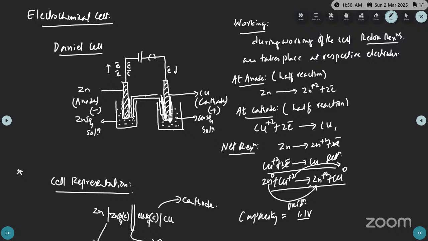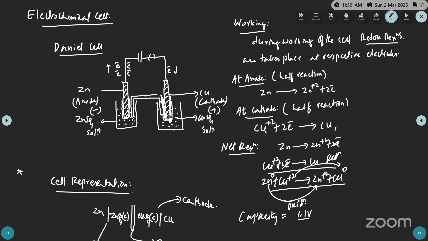So write this final equation: this is oxidation, Zn to Zn plus 2, and here copper plus 2, copper reduction. Draw the arrow, on the arrow write reduction, and here also draw the arrow and write the oxidation reaction. Okay, finally write the capacity, that is 1.1 volts.